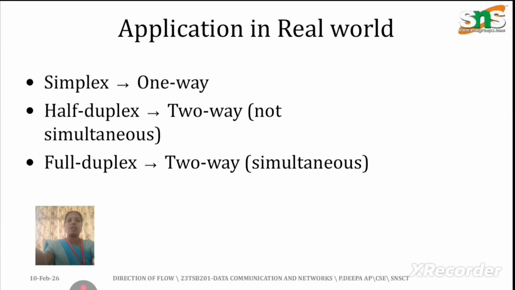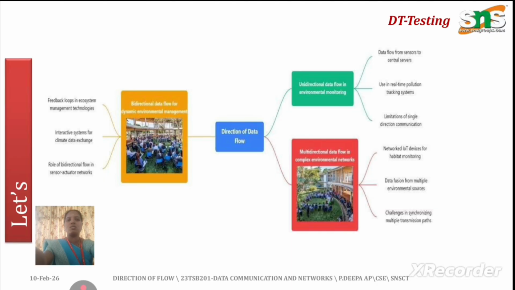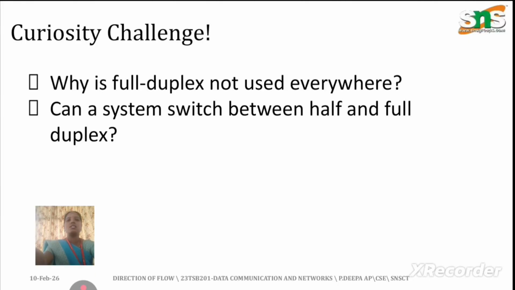Simplex is one-way communication, half duplex supports communication one at a time, and full duplex supports two-way communication simultaneously. Understanding the direction of data flow helps us design better communication systems and appreciate the technology we use in everyday life.